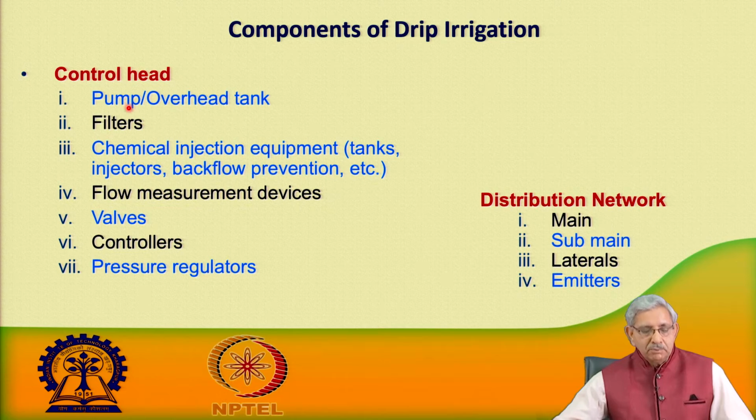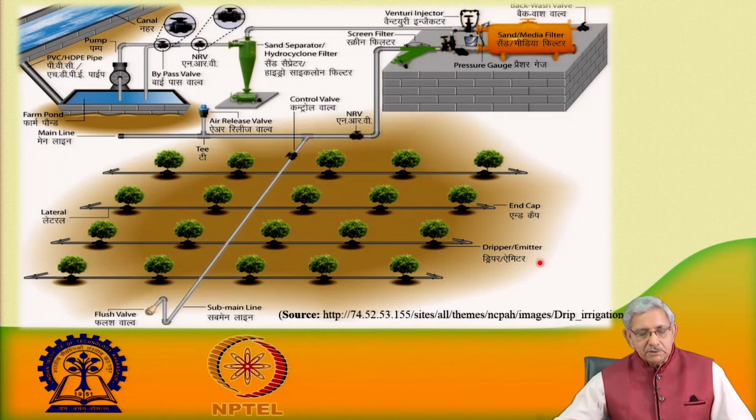There will be a pump or overhead tank, then filters, chemical injection equipment, which could be tanks, injectors, backflow prevention devices, flow measurement devices, valves, controllers, and pressure regulators. All these come under the control head, whereas the distribution network consists of the main pipeline, sub main pipeline, laterals and emitters.